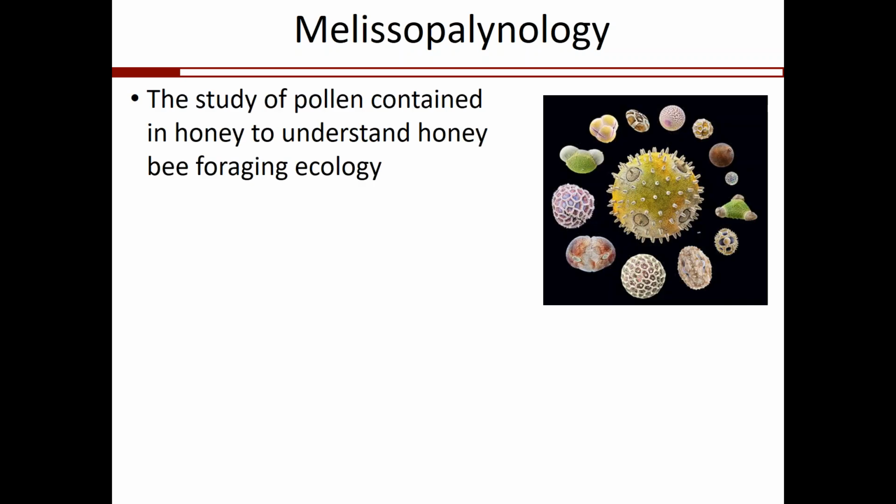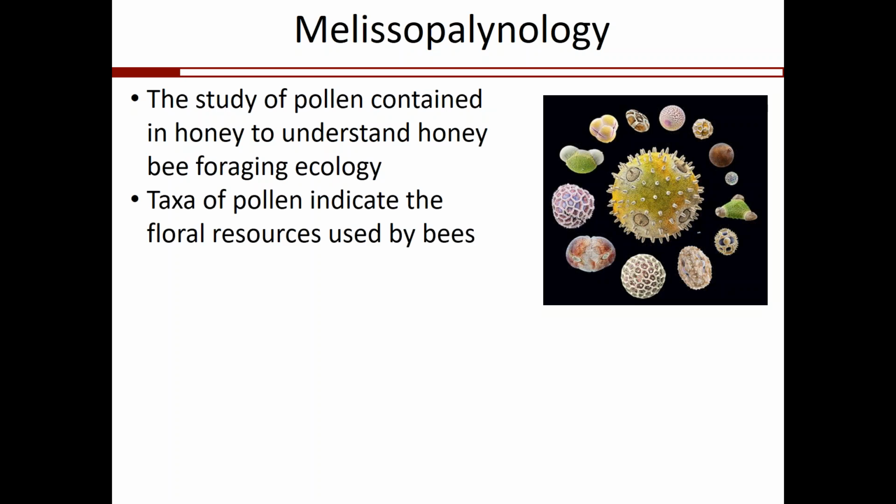So first I'll talk a little bit about melissopalynology. This is the study of pollen contained in honey to better understand honeybee foraging ecology. That image is just an SEM picture with a little bit of coloring of different types of pollen grains. And we can do that because the taxa of pollen that honeybees collect will indicate the type of floral resources that the bees are using.